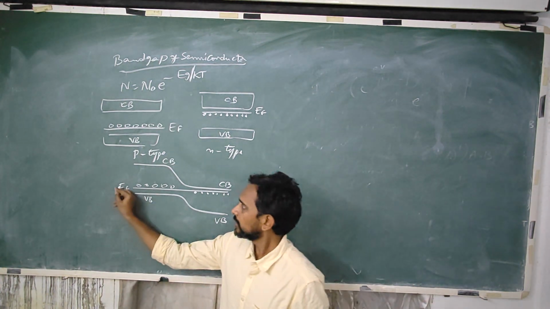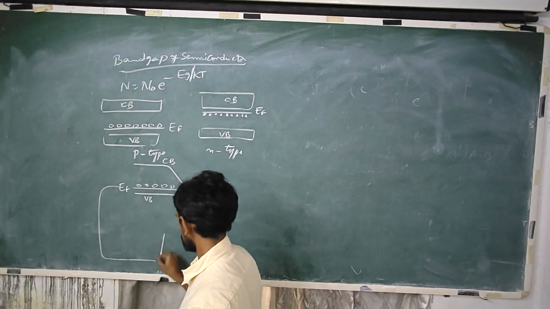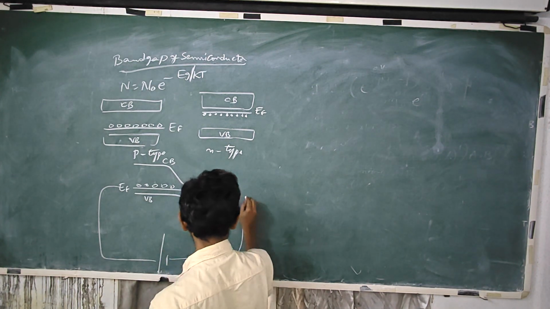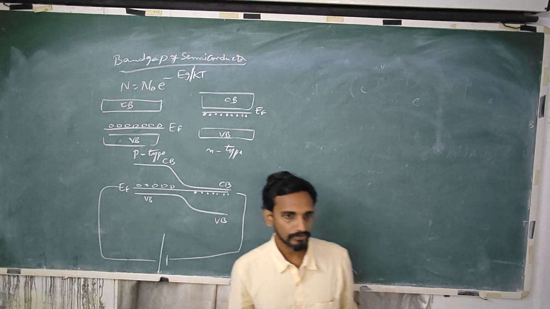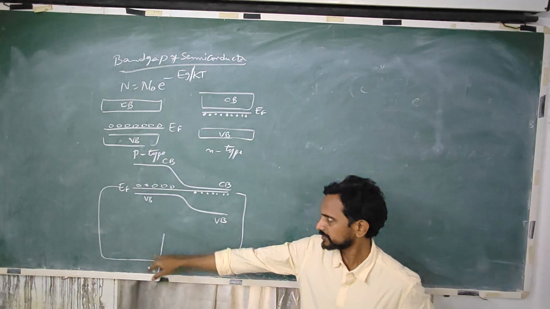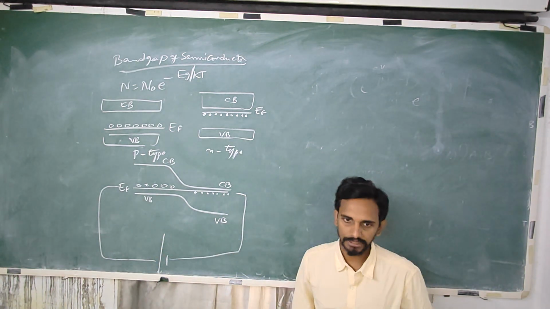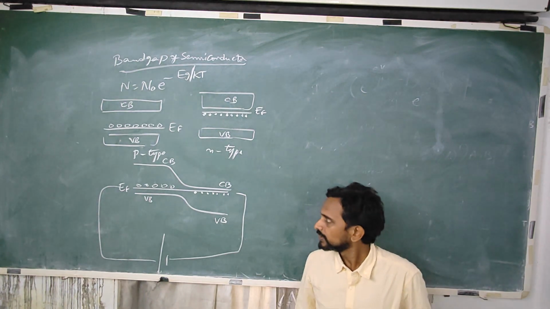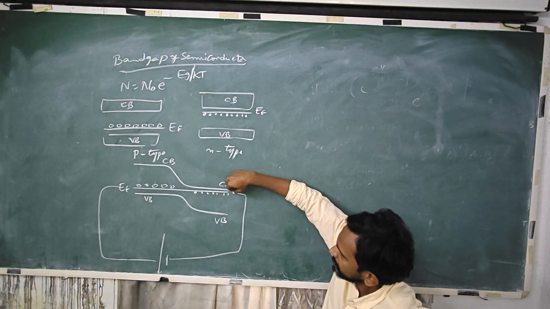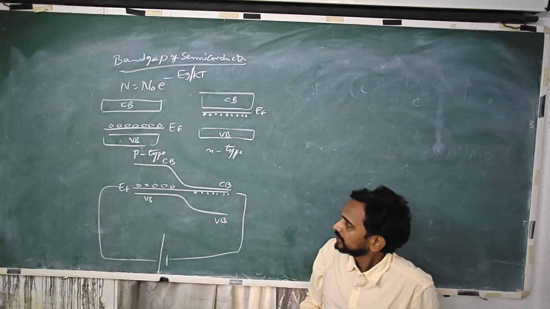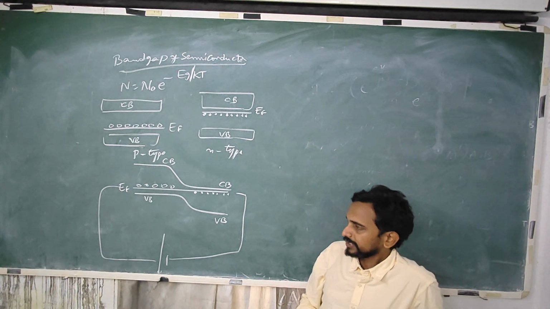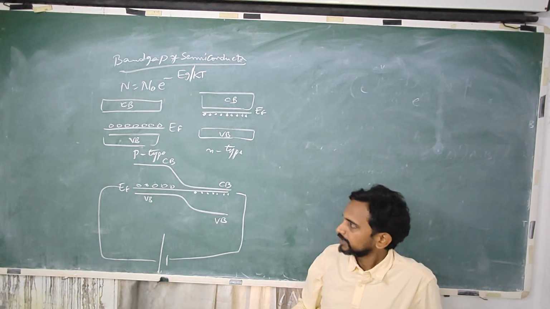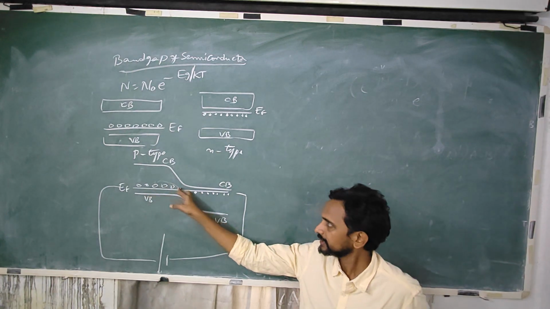So now I am giving a bias to it. Let's say forward bias. I am giving positive potential on p side and negative potential on n side. What happens? These electrons will be pushed to the other end, and these holes will be pushed to the other end.